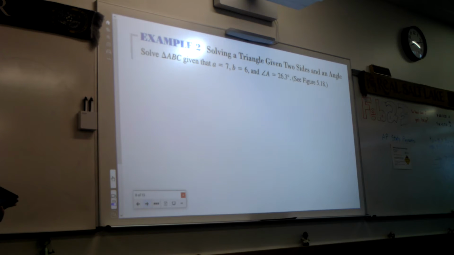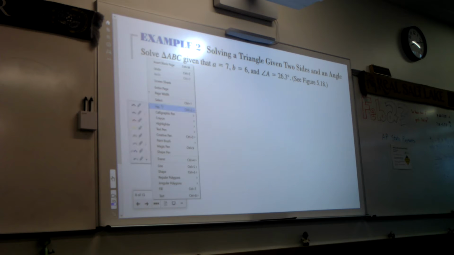Solve triangle ABC given that a is 7, b is 6, and angle A is 26.3. So now we're given two sides and an angle. Let's try drawing a picture. It's good practice here for us to just draw it. And if our picture is not perfect, is that okay? Absolutely, that's just fine. So I'm going to try this out. So A is going to be 26.3.